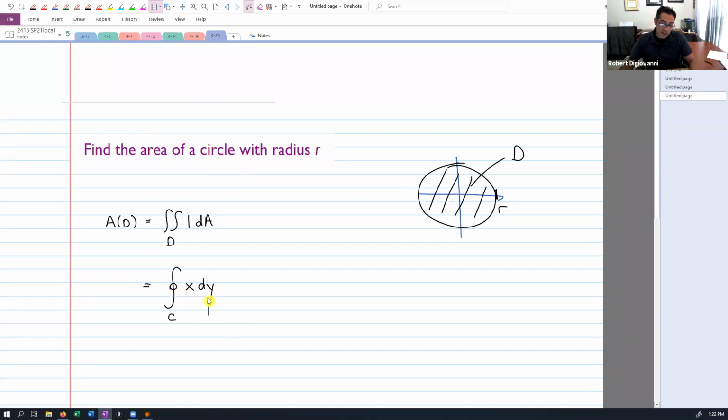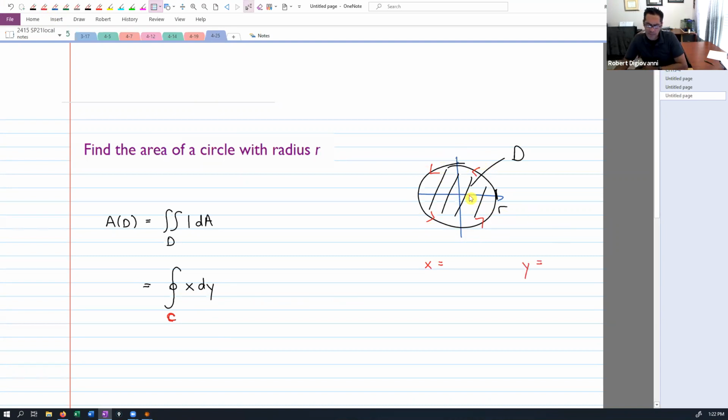Now, what do we mean by x dy? Well, you have to now convert this into the path C. C is the path that encloses that region D. How can you draw that path? Well, we know how to do that. x is going to be something and y is going to be something.